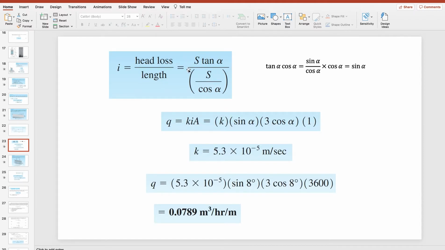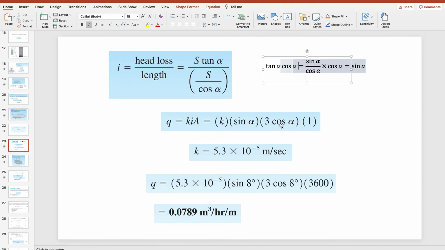S will simply cancel out, cosine will go to the numerator. So tangent alpha times cosine alpha. So let's simplify, tangent is sine alpha over cosine alpha. Cosine alpha and cosine alpha will simply cancel out and we are left with sine alpha. Therefore, I is sine alpha.